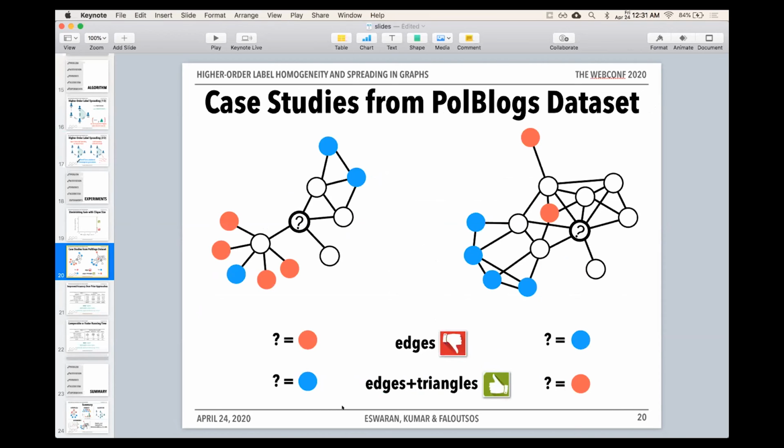In general, this depends a lot on how much more homogeneous triangles are compared to edges in these networks, and also how triangles are distributed throughout the network. For instance, even though triangles are more homogeneous, if all of them are concentrated in a small locality, then many of the vertices do not benefit from using triangles for vertex labeling.